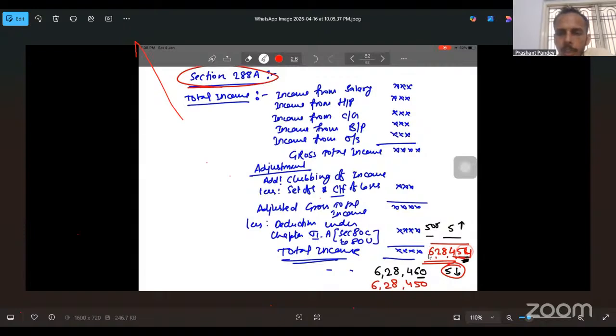For example, if the total income is 6,28,454, if the last digit is less than 5, then this will be reduced to the nearest 10th place.